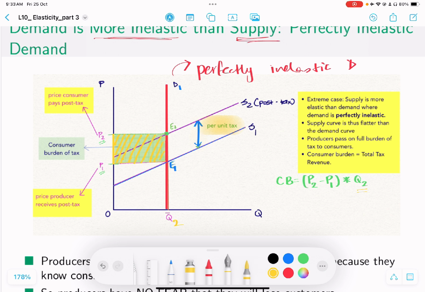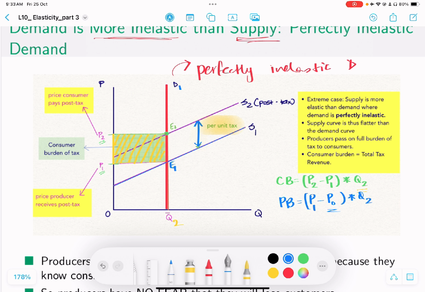Notice something interesting. Where's the producer burden? So usually, how do we calculate producer burden? Producer burden is P1, the original equilibrium price, minus after tax, what is the take home for the producer, times whatever is the equilibrium quantity. Can you see a P naught here in the diagram?